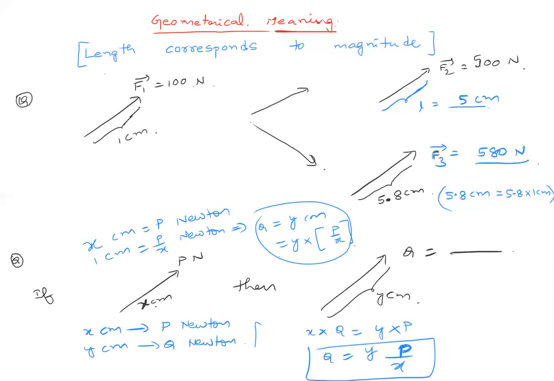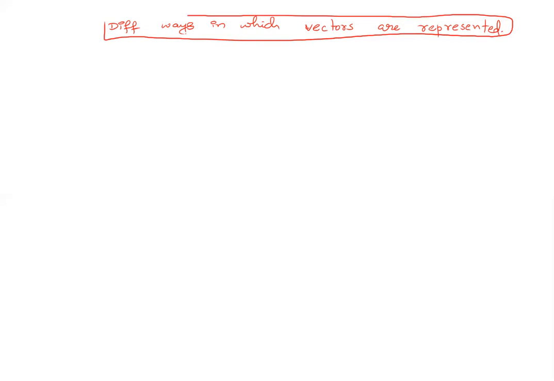So now let us start with the different ways in which vectors are represented in detail. There are a number of ways in which vectors are represented, but we'll do it basic idea wise.